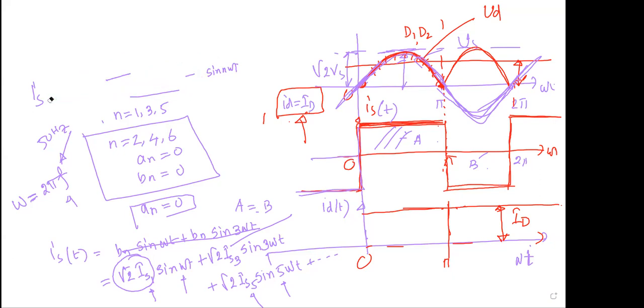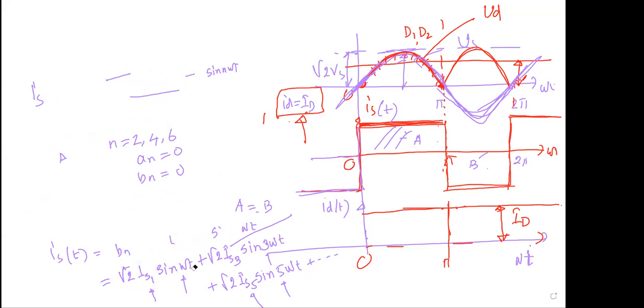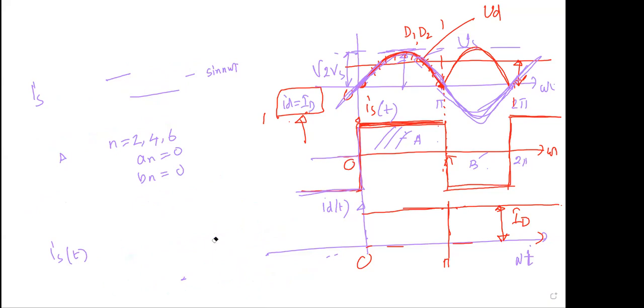You can find it by using Fourier series, but Fourier series is very difficult because you have to do integration and then put n equal to 1, 3, 5, all these things, finally get the peak value, then divide it by root 2 to get the RMS value. But there is another easy way to do that.